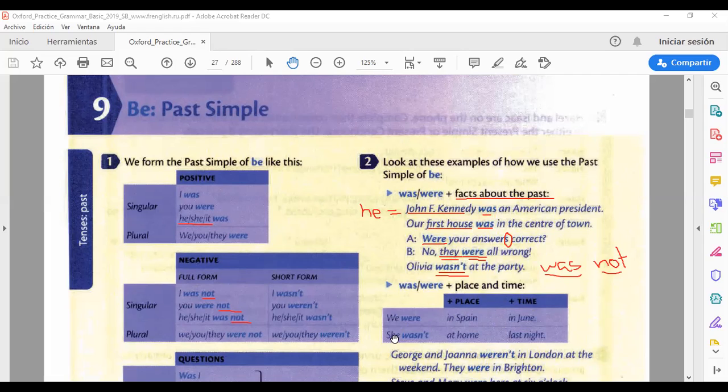It will be like this. She wasn't at home. This is the place, at home. And last night, the time, el tiempo, la noche anterior, last night, okay? So we can use was and were plus facts about the past, or we can use was and were plus place and time. Okay, now let me erase everything again.